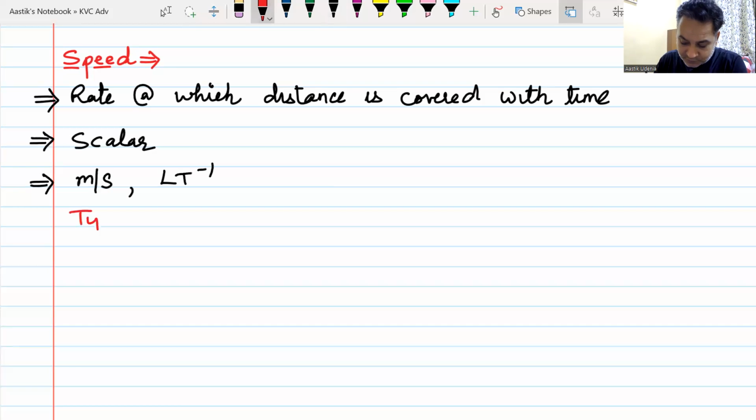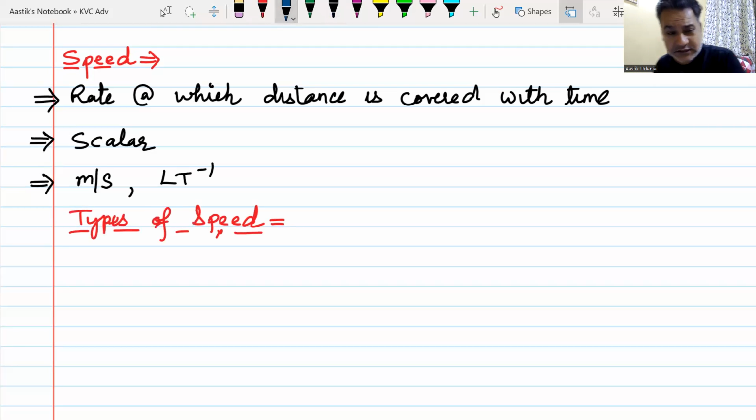Then we move on to the next heading, and that will be what are the different types of speed that you have heard about? Average speed, instantaneous speed.